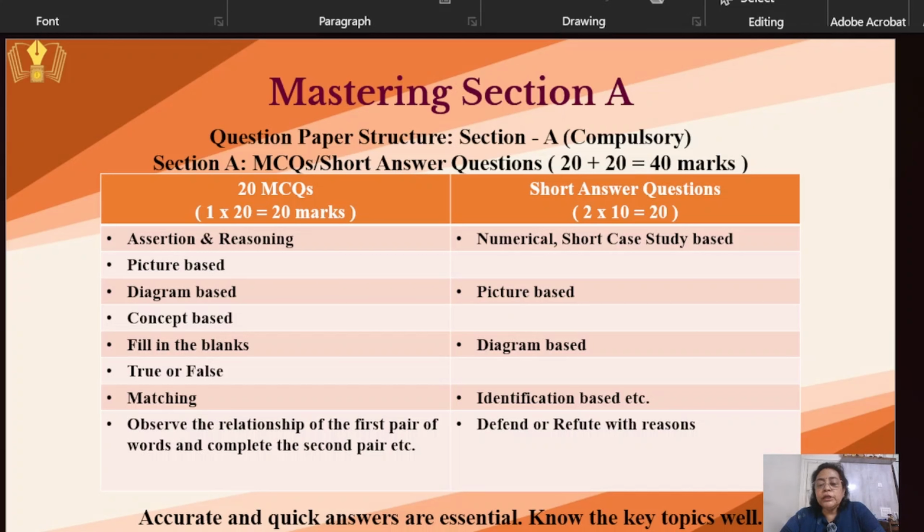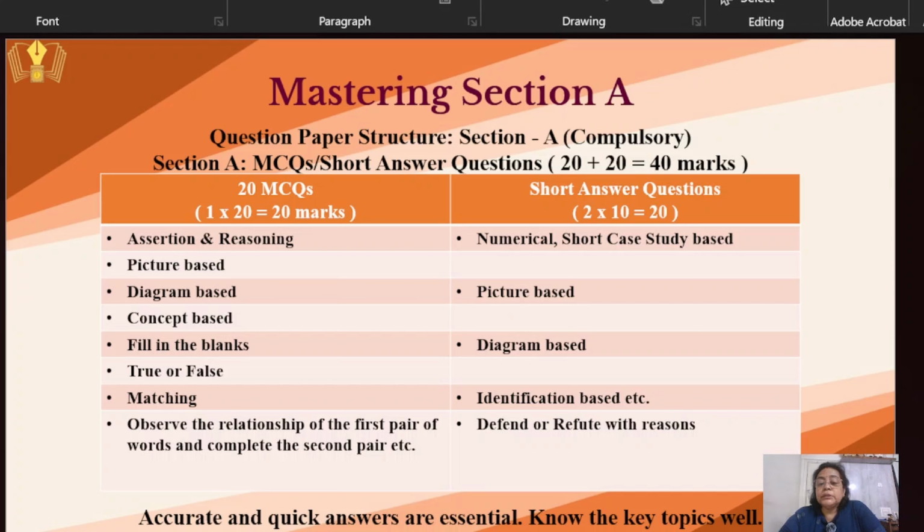Question number 3, again 5 2-marker questions. So in total, section A, you are getting MCQs, and section A part 2, you are getting short answer questions. So 20 plus 20, it makes 40 marks.